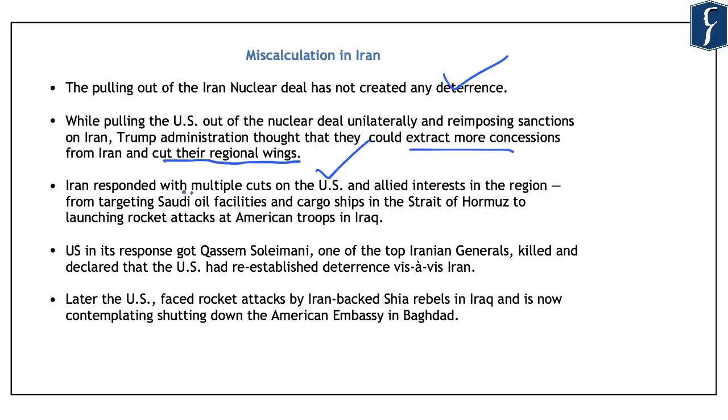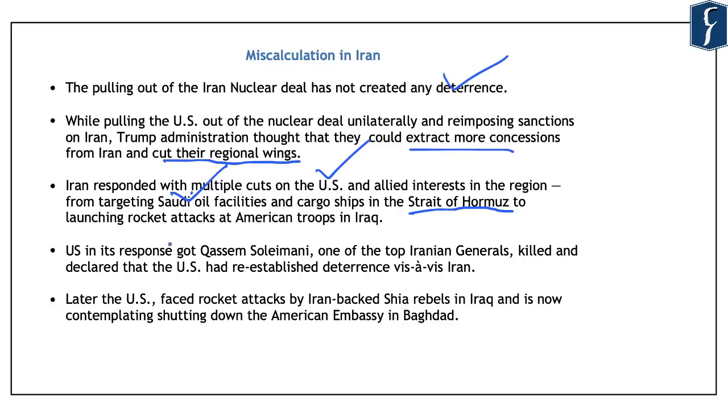And it did so by targeting the Saudi oil facilities, and you might be knowing that Iran had attacked two of the oil facilities of Saudi Aramco. Further, Iran has also targeted the cargo ships in the Strait of Hormuz, which is also one of the strategic choke points in the Persian Gulf.